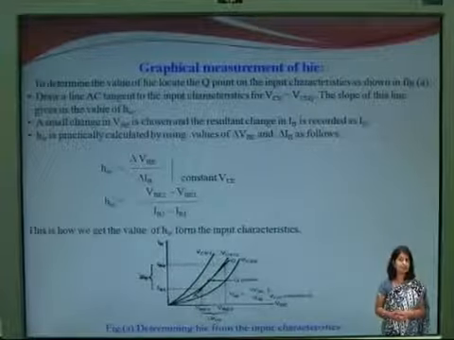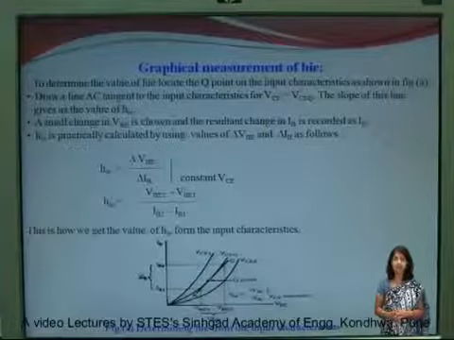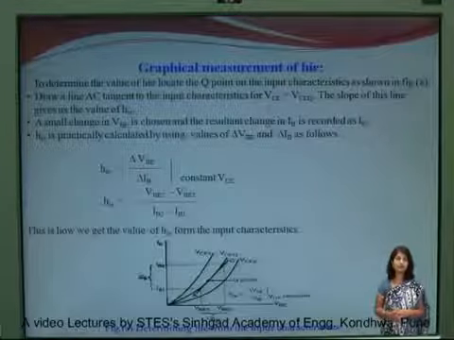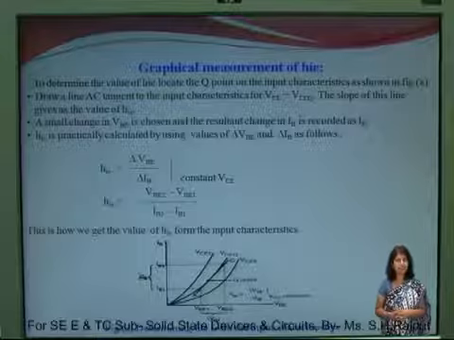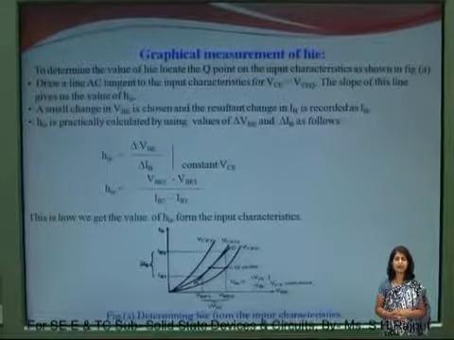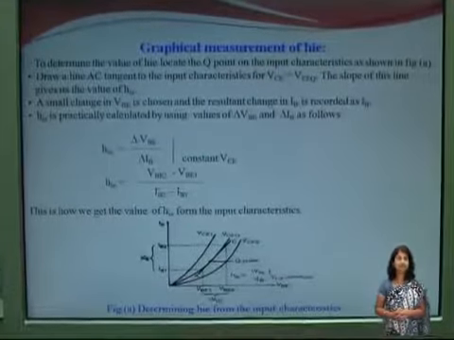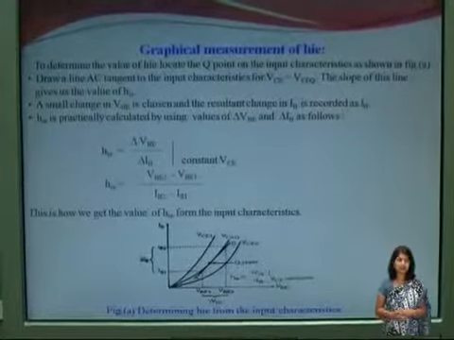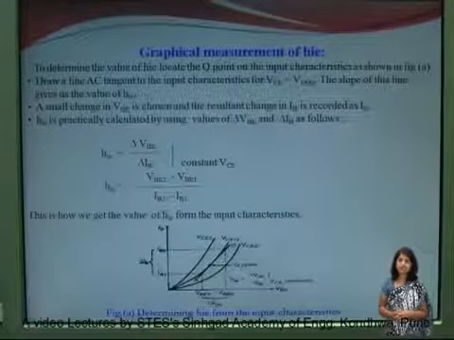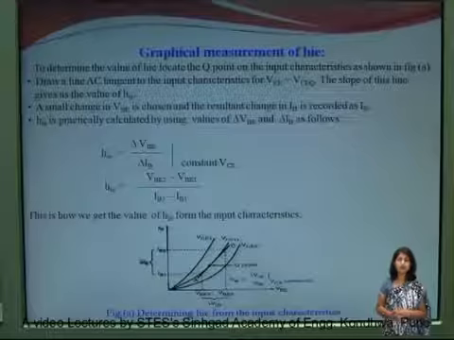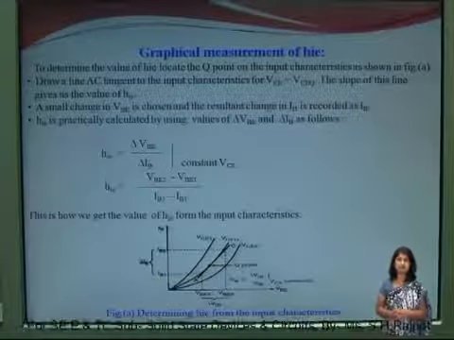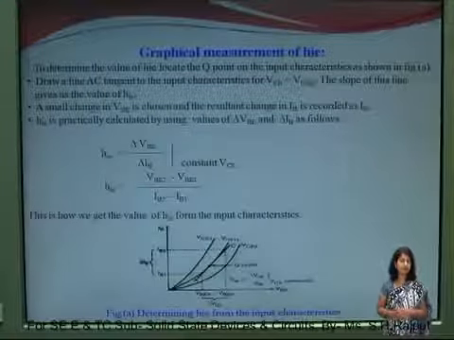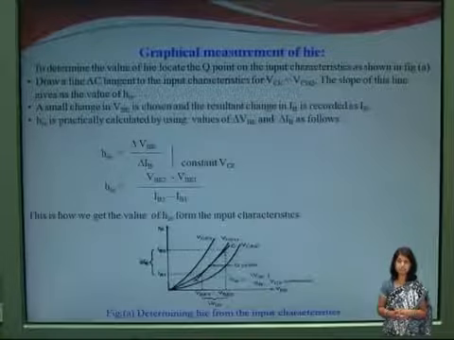Here it shows the graphical measurement of hIE, that is the input impedance. We know the formula of hIE, which is given by del VBE divided by del IB, that is nothing but base to emitter voltage divided by base current. Now to determine the value, just go through figure A, which gives the determination of hIE from the input characteristics.